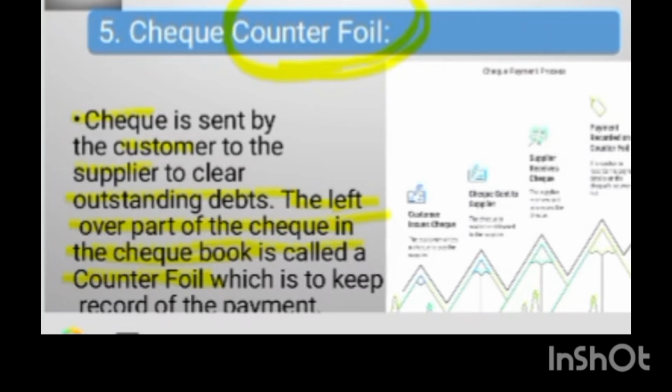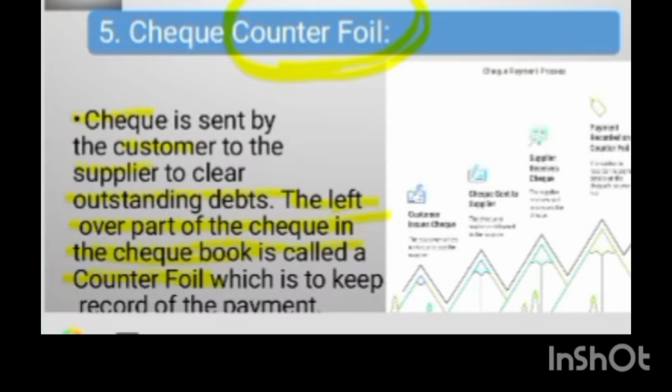It's very common. So when we issue the check from our checkbook, even when we cut it from the checkbook, there is a little small part left over there. On that small part, also we will mention the detail that to whom this check is issued and what is the amount and what is the date.